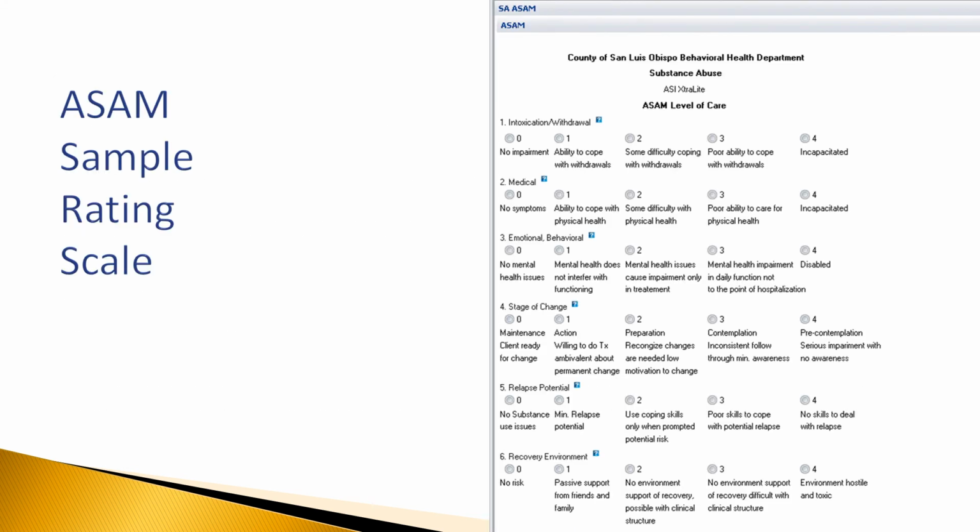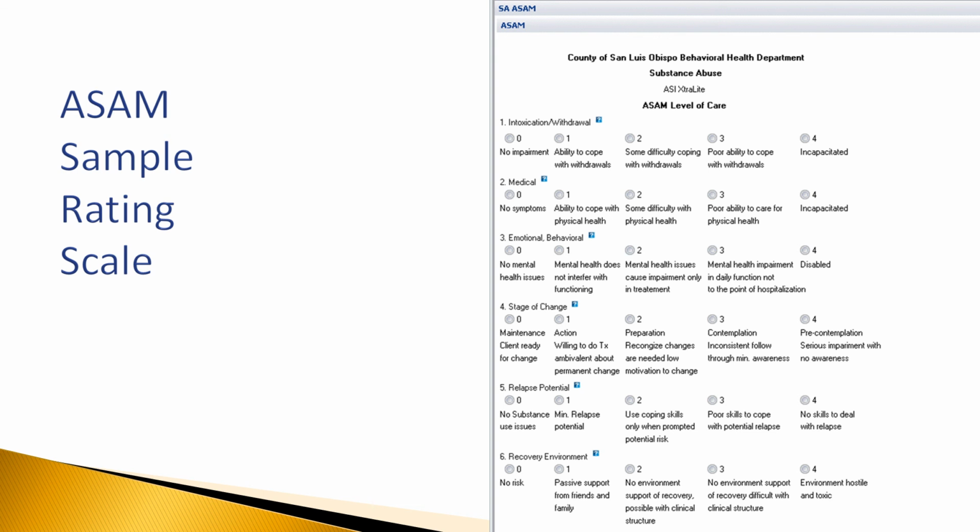So here is what the ASAM sample rating scale looks like. The 6 dimensions are outlined along a continuum of severity from no problem, meaning 0, to a severe level of problem in that dimension, which is scored at a 4.